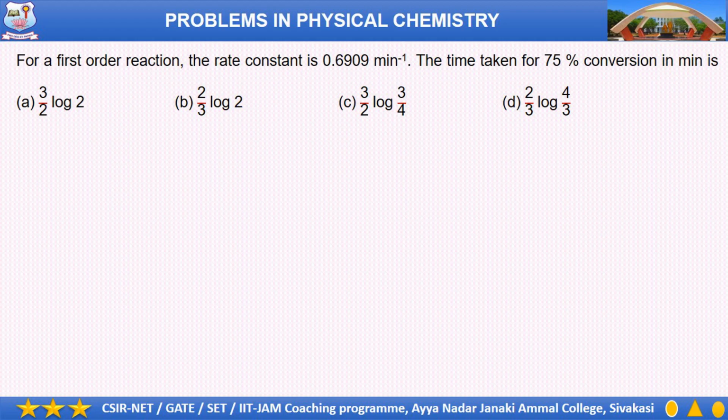The time taken for 75% conversion in minutes is: A, 3 by 2 log 2; B, 2 by 3 log 2; C, 3 by 2 log 3 by 4; or D, 2 by 3 into log 4 by 3.